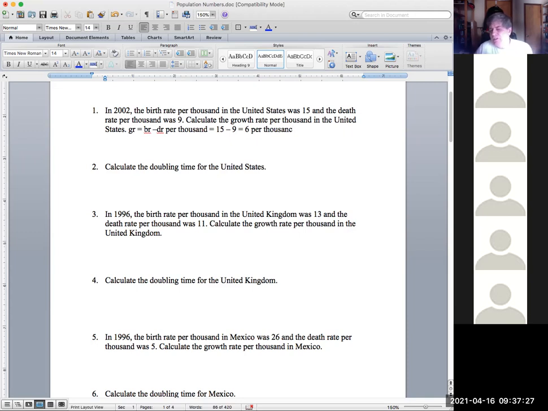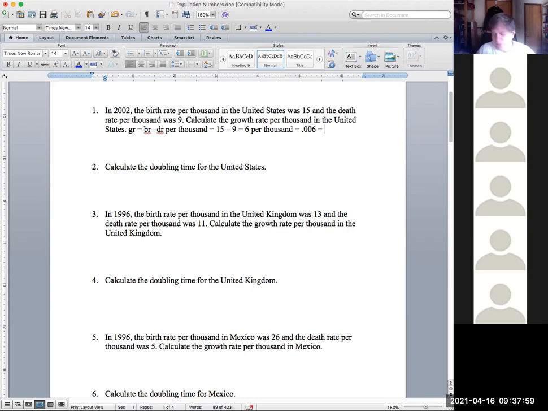Now, we can also express this as a decimal or a percent. So let's think of expressing this as a decimal. 6 per thousand. Remember that for our decimal, the first column is tenths, then hundredths, then thousandths. So we could express this as 0.006. Or the other way we could express this is as a percent. And remember, percent is out of 100.